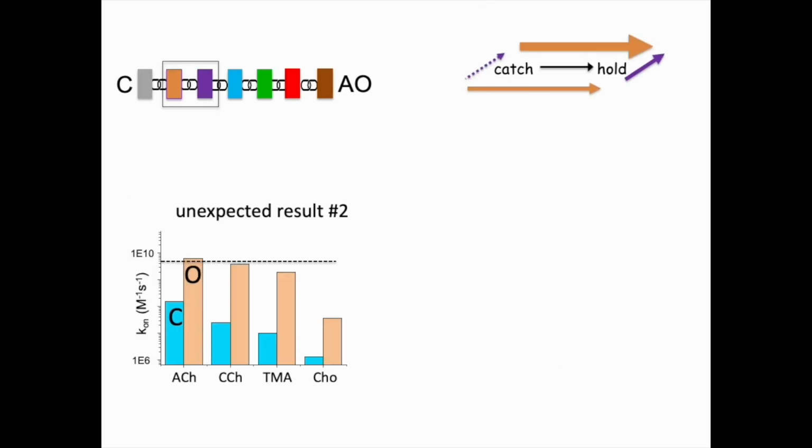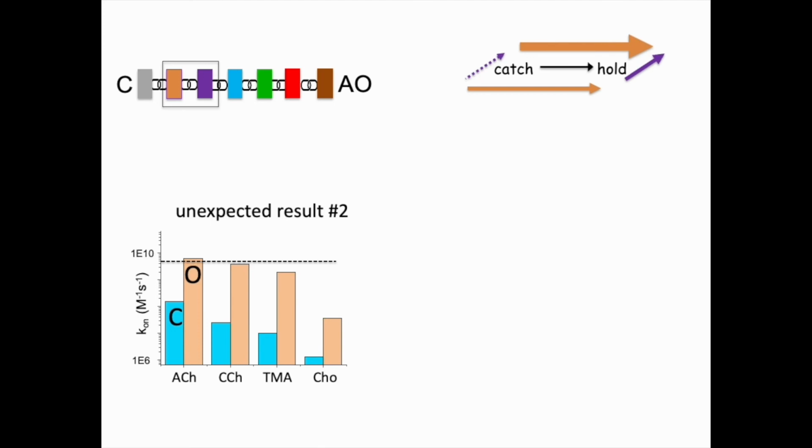So this is the model that we have shown up above, where catch and hold and everybody else is linked by a linear free energy relationship. And I want to say that this is not just wild speculation or just derived by analogy to catch and hold.